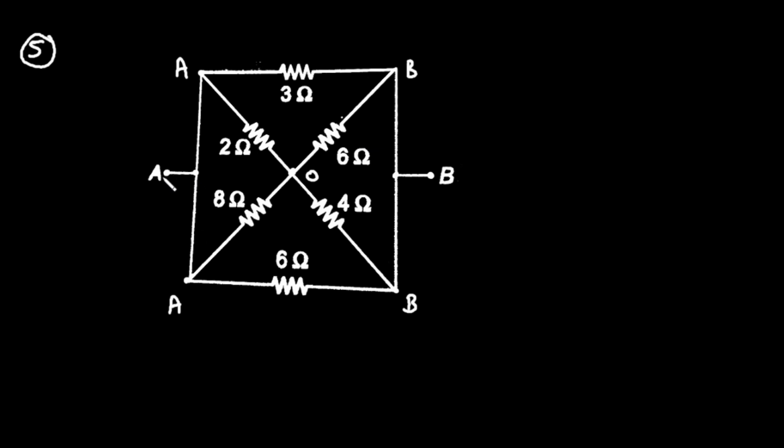So now let's draw 3 terminals A, O and B. This is terminal A, this is O and this is B.